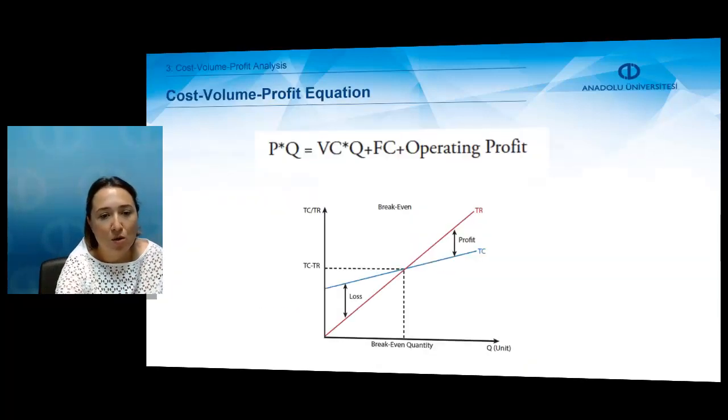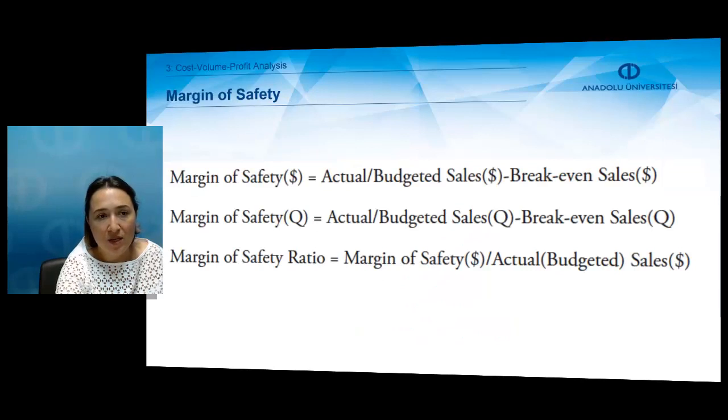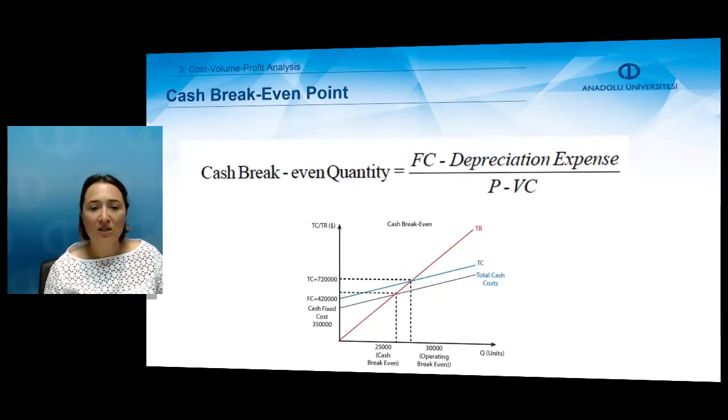Here we saw the break-even quantity, but for the cash break-even quantity, we have to talk about depreciation expense. Depreciation expense is an expense, but it is not in the form of cash. So we have to subtract it from the fixed costs and divide by price minus variable costs.